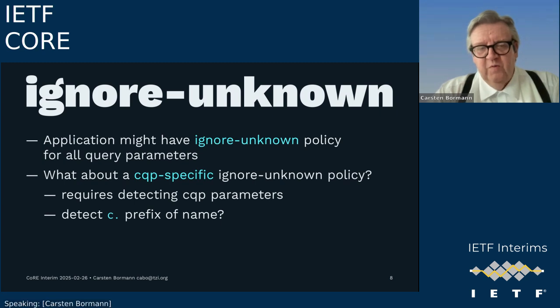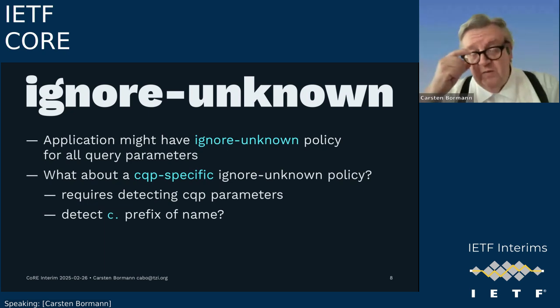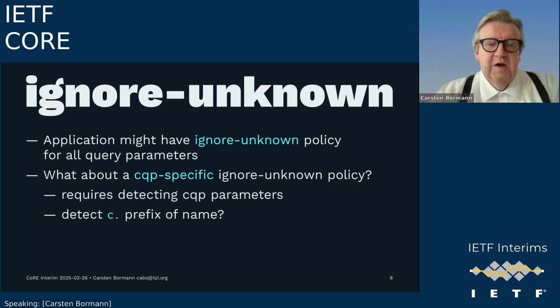Applied to query parameters, this means the server that uses an ignore unknown policy either applies them to all query parameters, that's easy, but if the server doesn't want to apply them to all, but just to the conditional query parameter ones, then it needs to be able to detect which of the query parameters are conditional query parameters and which are other query parameters, which of course you also want to be able to put into the UI.